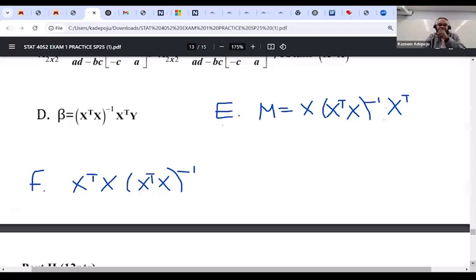Can I ask you to now take a look at this? If I ask you to find this, I'm not asking you to find this theoretically. Please pay attention. Theoretically, this is going to give me identity, right?